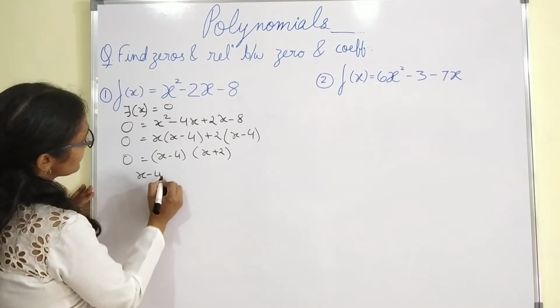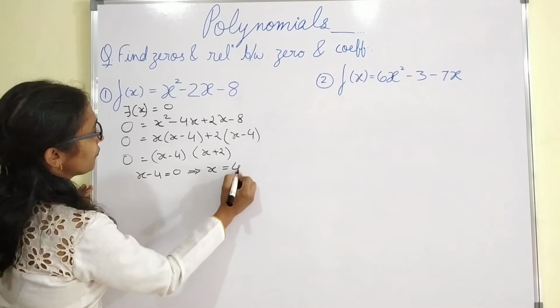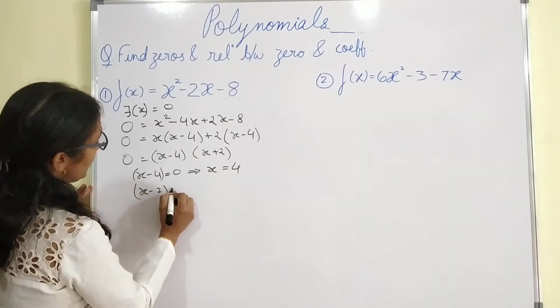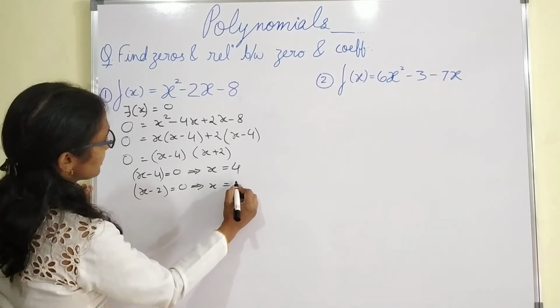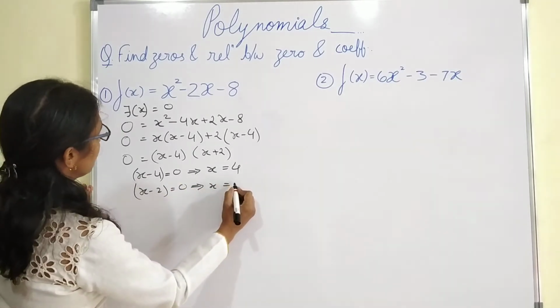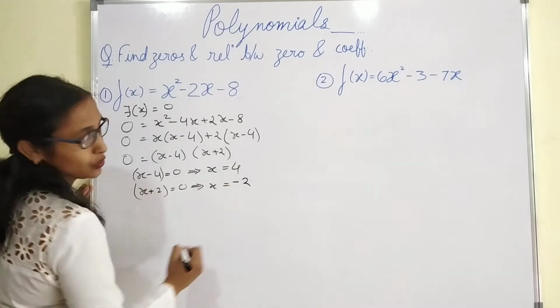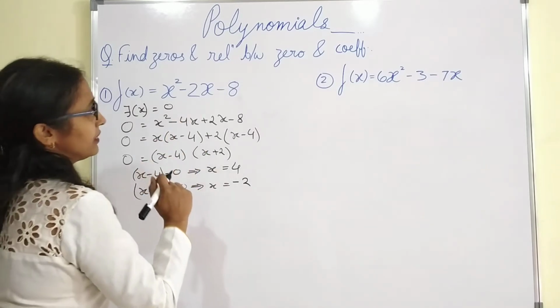So, x minus 4 equals 0, that is, one zero is 4, and x plus 2 equals 0, so the next zero is minus 2. Okay. Now we have to find the relation.